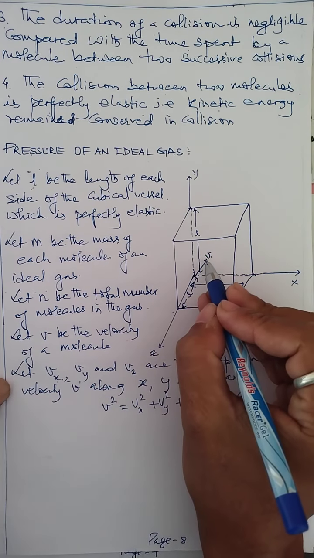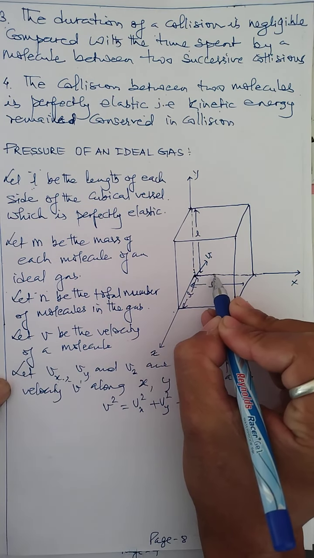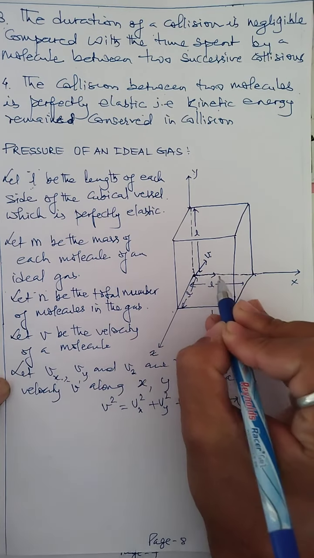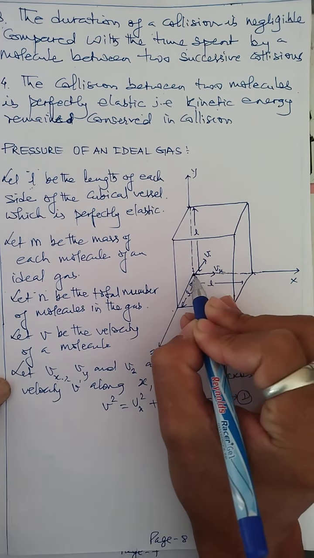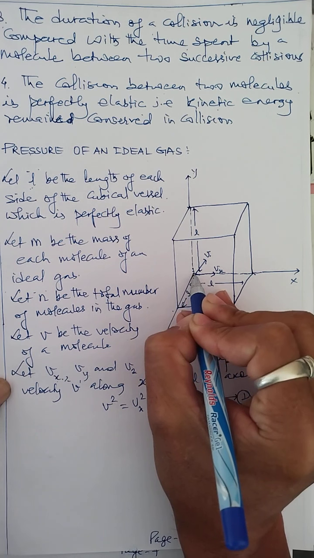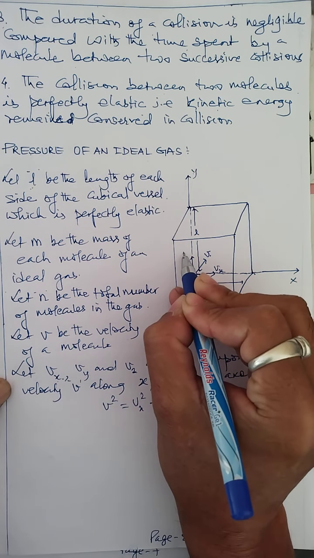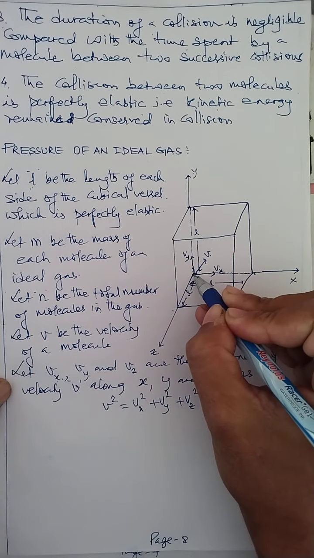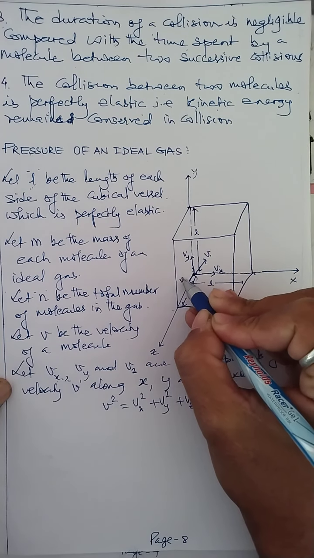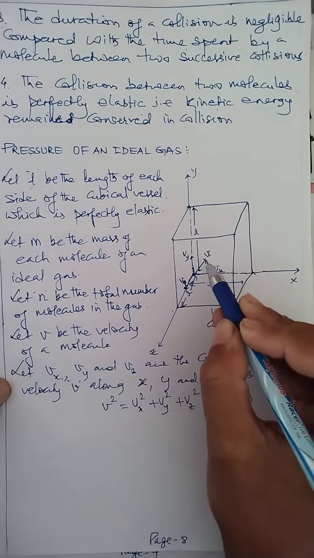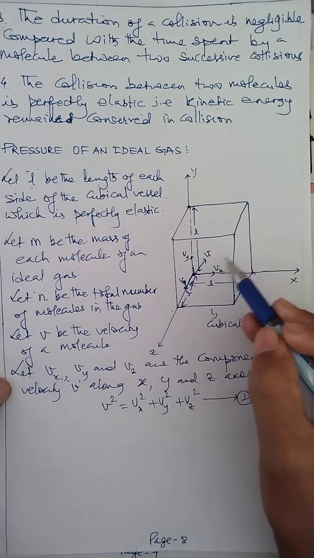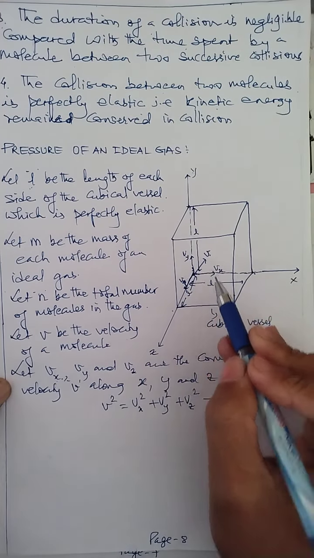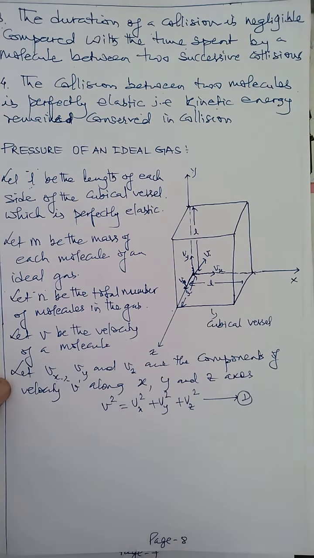If this velocity is split into 3 components, I write it this way: B has component Bx along this axis, By along this axis, and Bz along this axis. So Bx, By and Bz are the 3 components of velocity B along the x-axis, y-axis and z-axis.